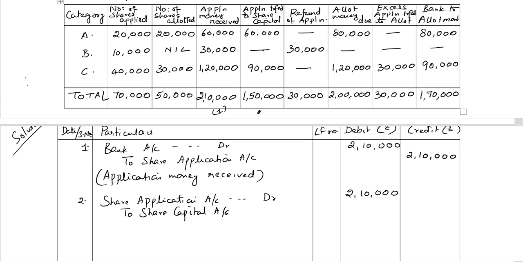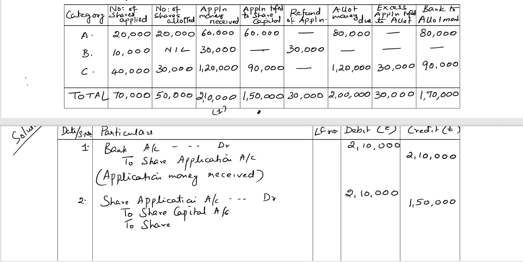So this is the amount, 1,50,000 rupees to share allotment account. That is the answer of column number 8, excess application which is transferred to allotment.